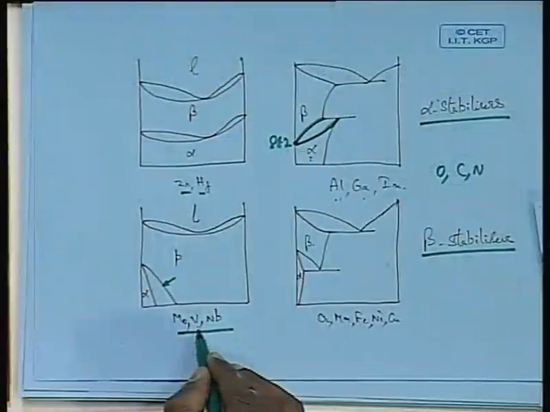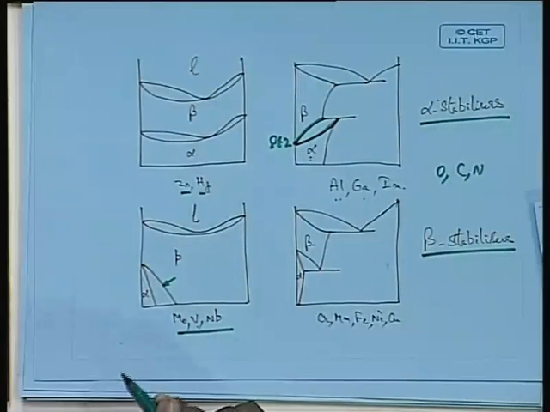And you can see all these are BCC elements. We always know that when you add a BCC element, the BCC phase gets stabilized. This is a typical understanding of all of us. So that is why molybdenum, vanadium, niobium, they all stabilize beta.